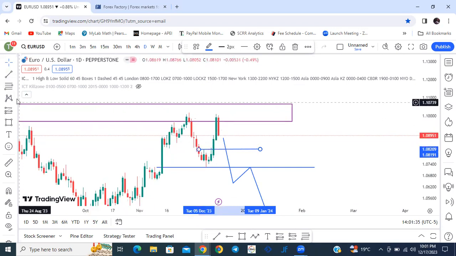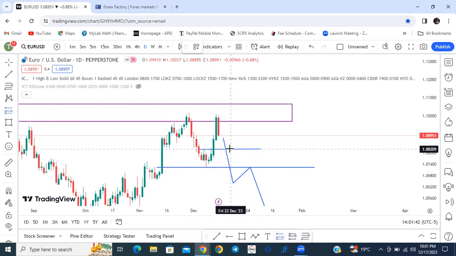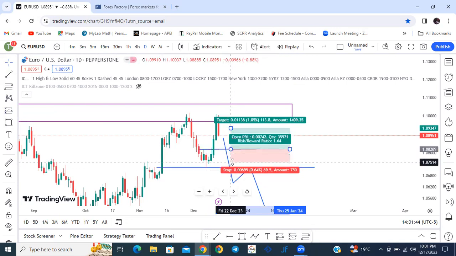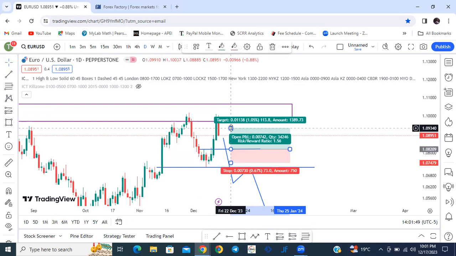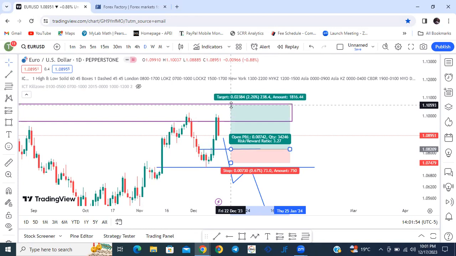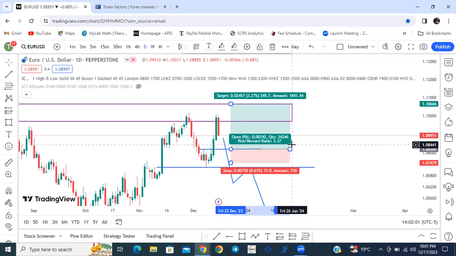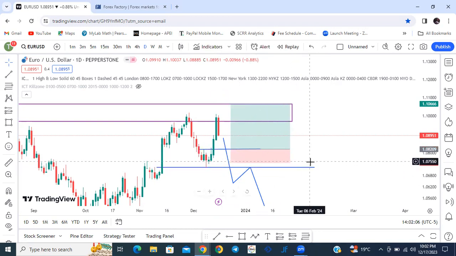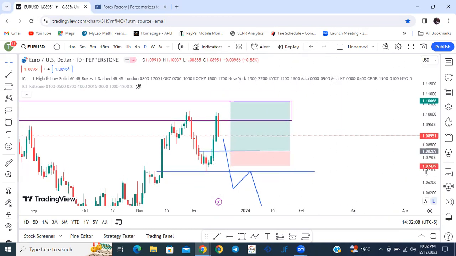We might then anticipate buying from this region, when the price comes to retest that area, and then we push all the way up to around that level, which gives us a risk to reward ratio of 1:3.37. So it might play out that way.